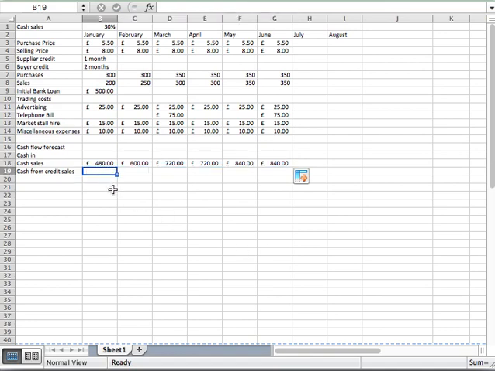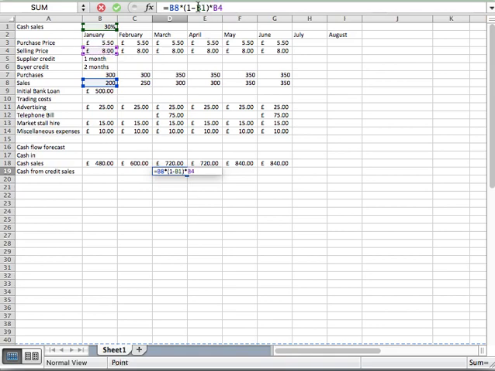Now, cash in from credit sales, we give our buyers 2 months credit. So January's credit sales, the cash comes in March. So that equals the sales volume multiplied by 1 minus the percentage sold for cash multiplied by the selling price, £8.